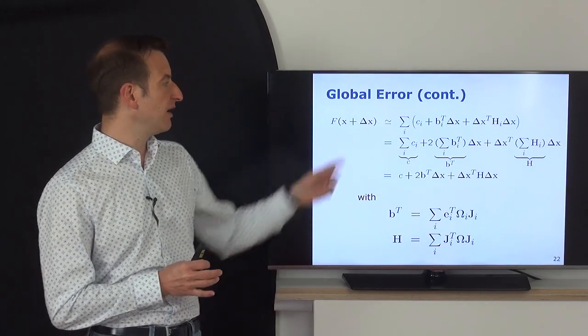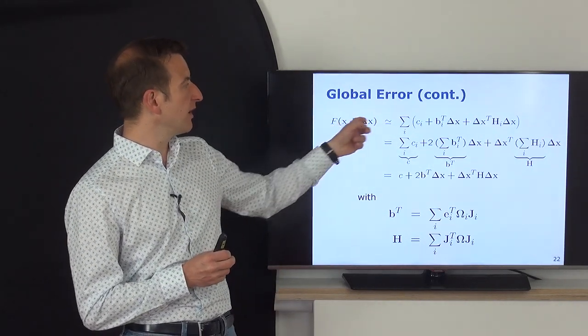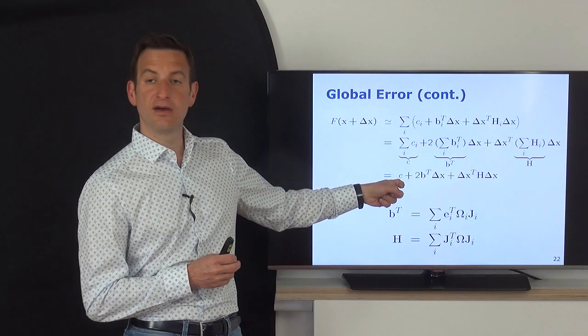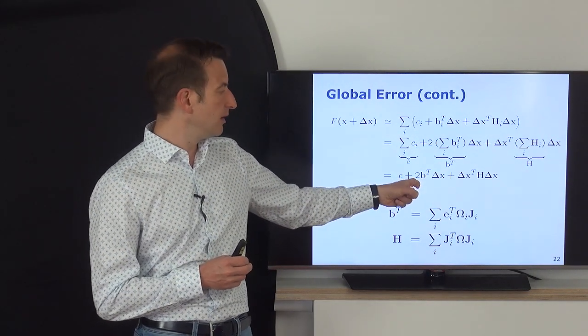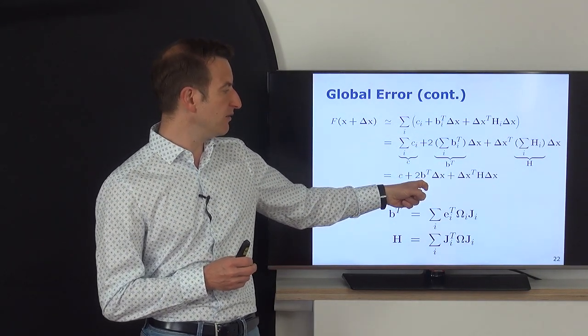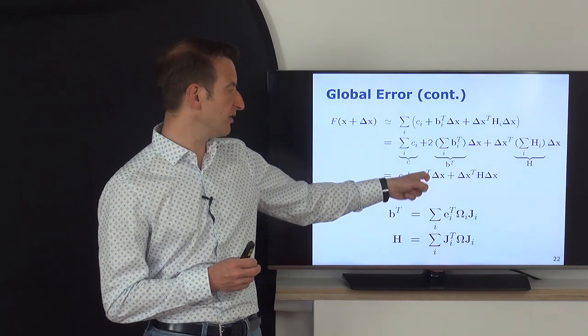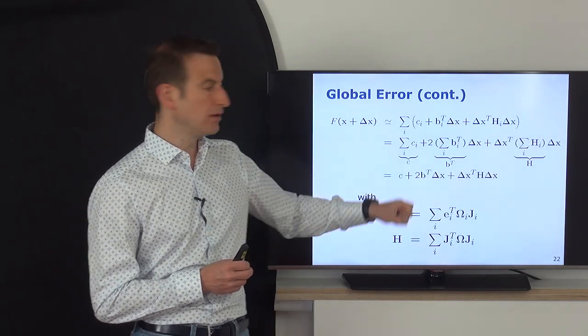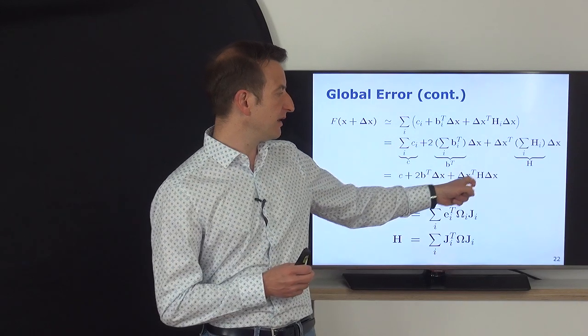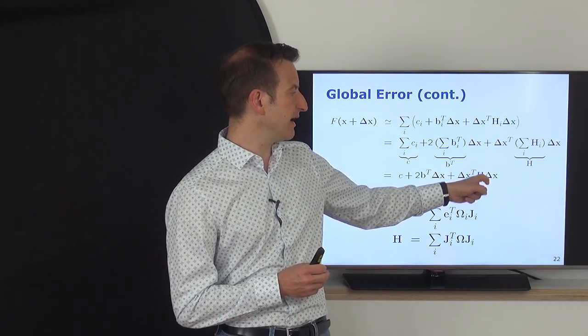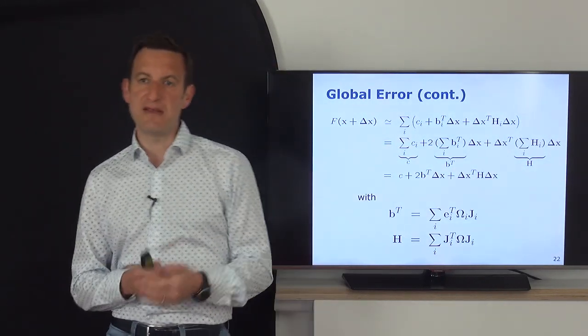And just by a simple rewrite, I can then express the global error as the constant c plus 2 times b transposed times delta x, so this b is a vector, plus delta x transposed times h times delta x, and this h is a matrix.